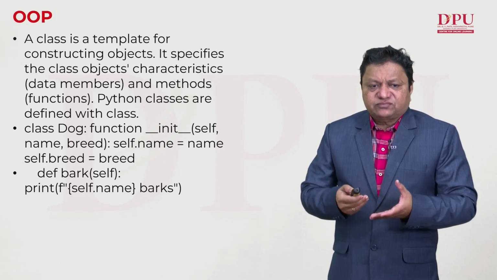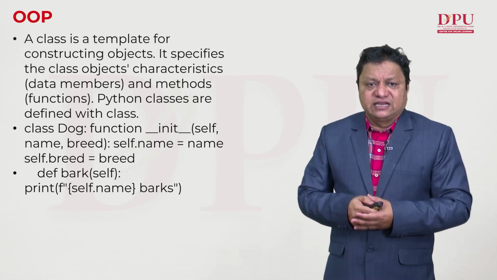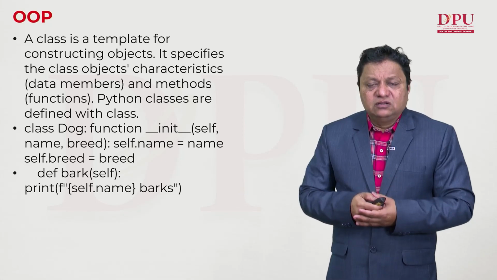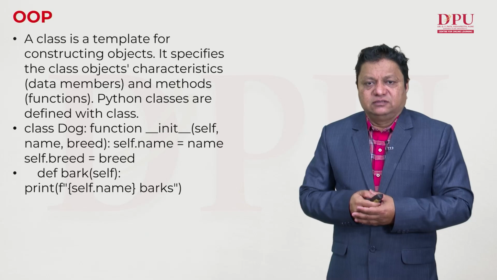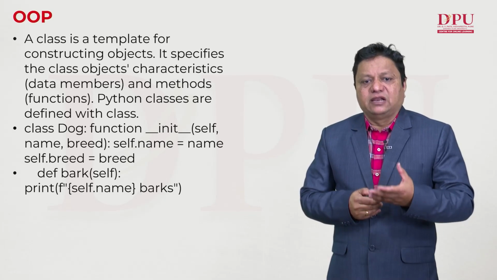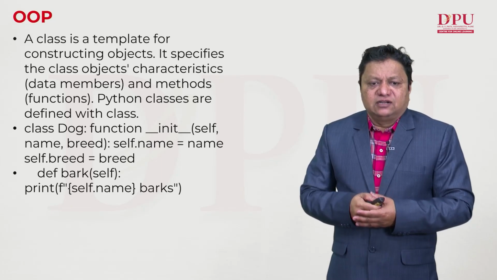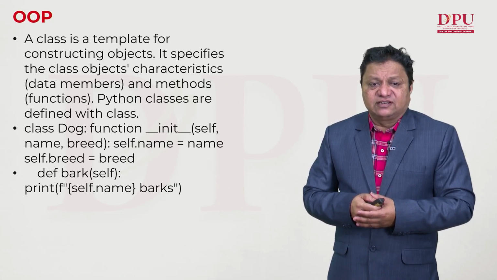So if I have to define a class, the keyword is class, then specify the class name, after that the colon, then what follows are the functions and the data members of a class. Here, as you can see in the slide, the function __init__ (self, name, breed) is what is called a constructor.